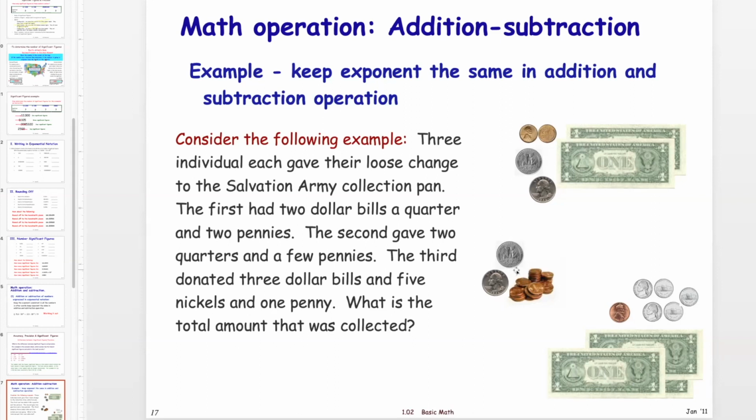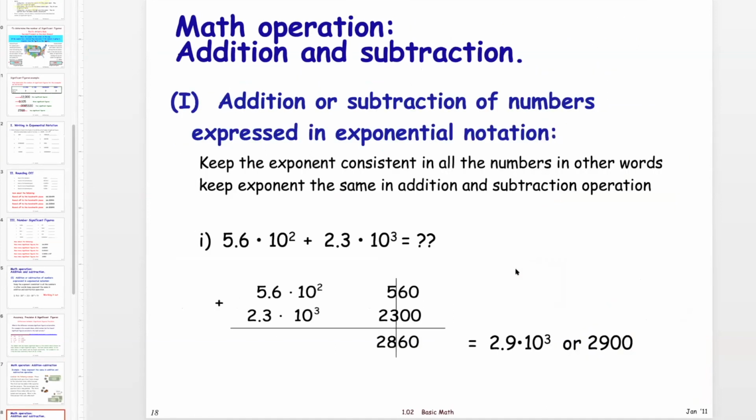So it's the same thing when you guys are given numbers to add. This is only true for addition and subtraction. Okay, if we take 5.6 times 10 to the second, that's 560. But 5.6 has 2 significant figures, so the 0 here is not significant. Okay, and then you've got 2.3 times 10 to the third.